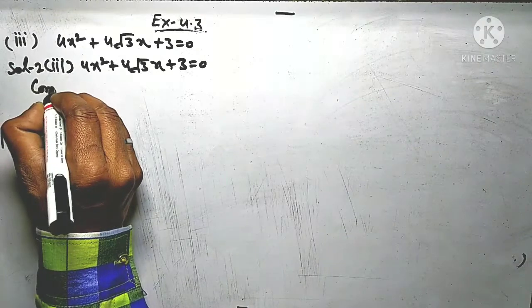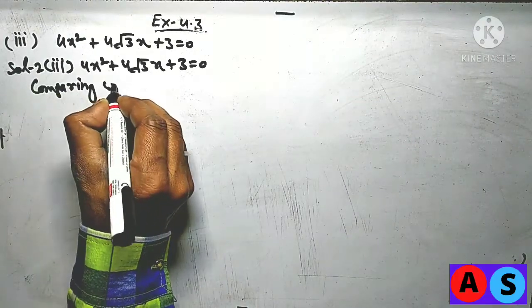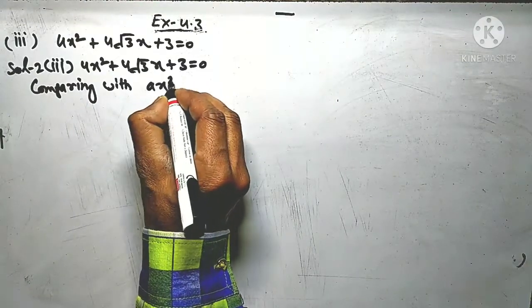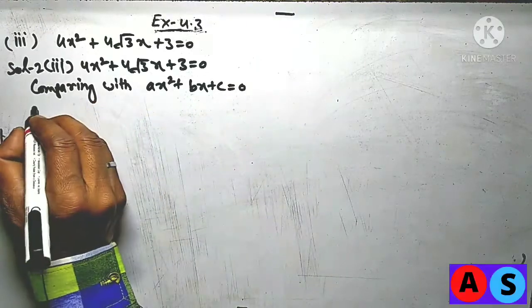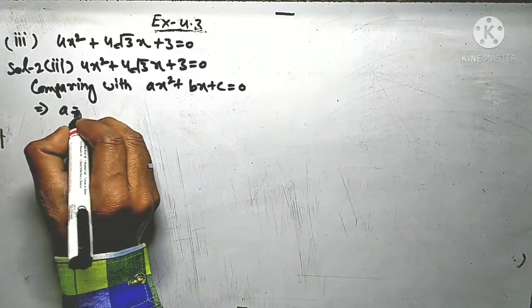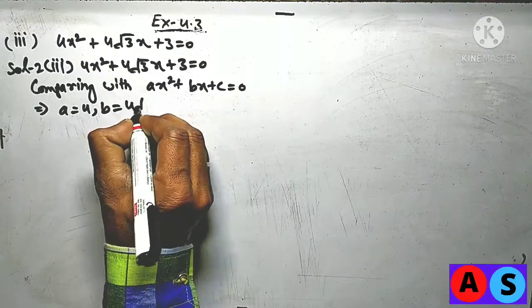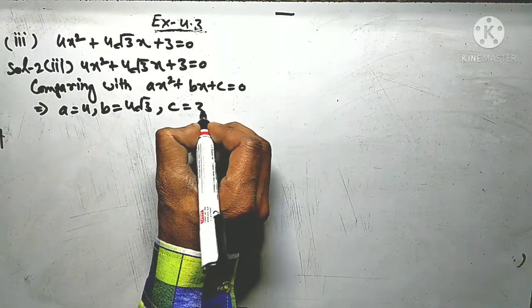Now comparing with ax square plus bx plus c is equal to 0 implies that a is equal to 4 comma b is equal to 4 under root 3 comma c is equal to 3.